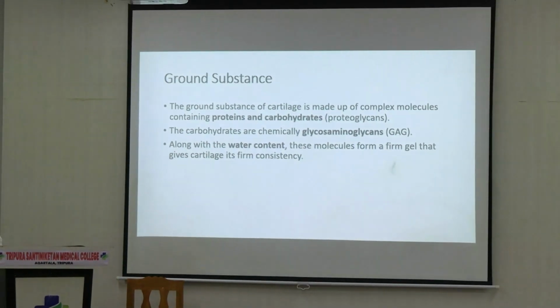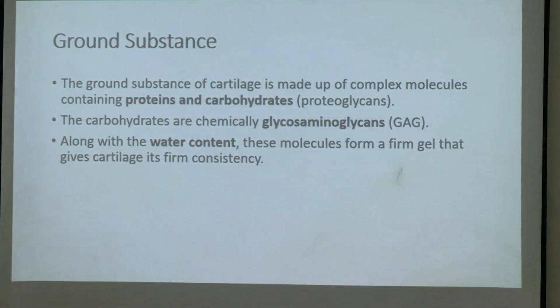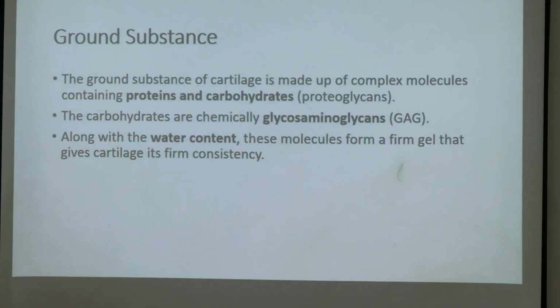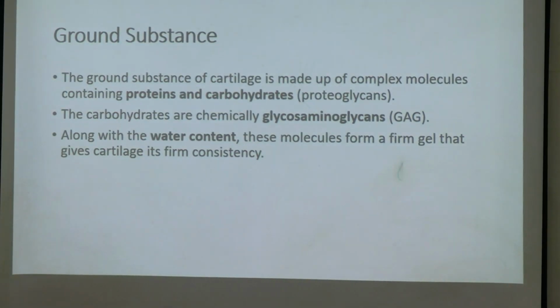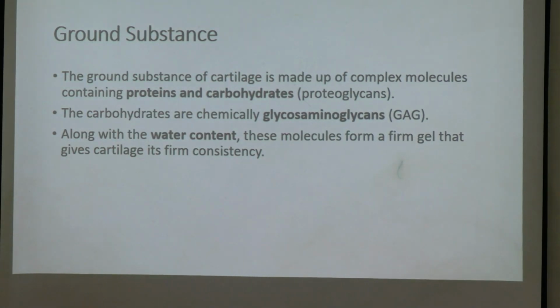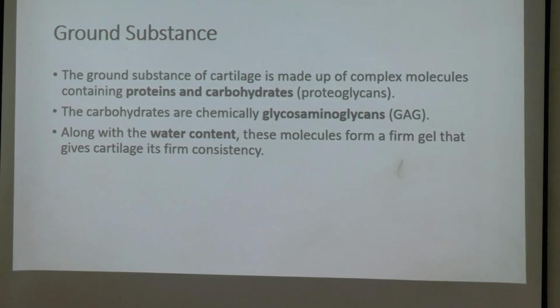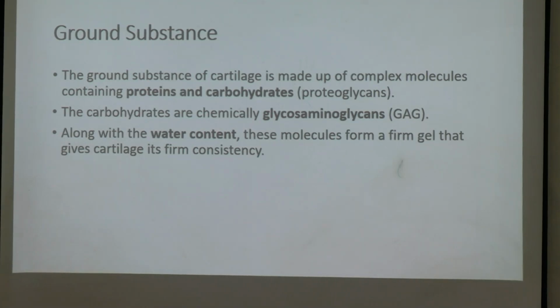Ground substance. The ground substance of cartilage is made up of complex molecules containing proteins and carbohydrates, proteoglycans. The carbohydrates are typically glycosaminoglycans. Along with the water content, these molecules form a firm gel that gives cartilage its firm consistency.